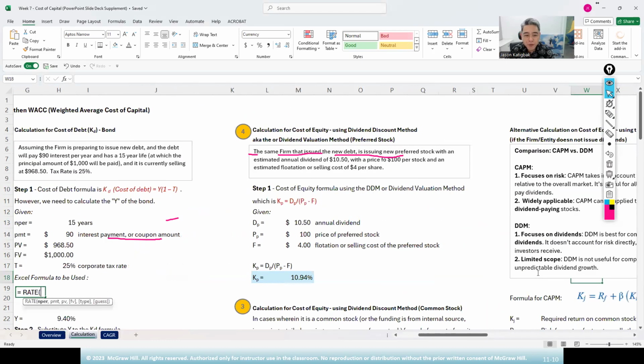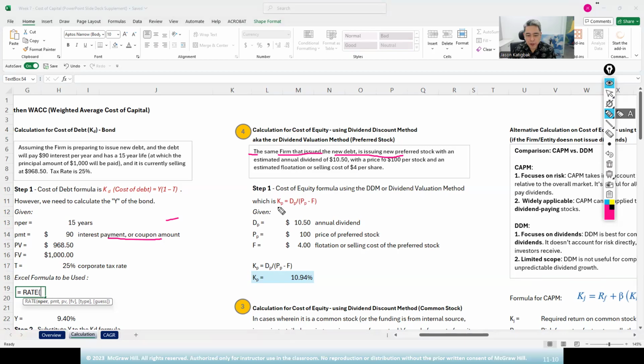So number four, the same firm that issued new debt is also considering and has issued new preferred stock with an estimated annual dividend of 10.5 per stock and with a price of 100 per stock and an estimated flotation cost or selling cost of $4 per share.